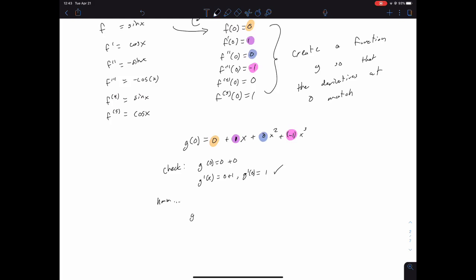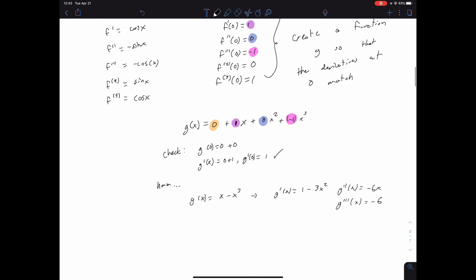If g of x is x minus x cubed, then g prime is 1 minus 3x squared, g double prime is negative 6x, and g triple prime of x is negative 6.